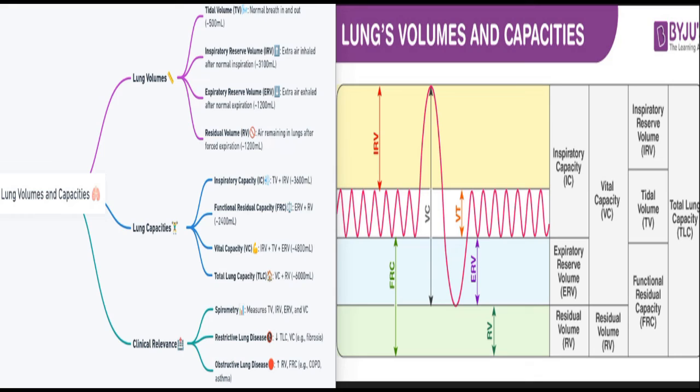And your FEV1/FVC ratio of 67%, which is below the lower limit of normal of 70%, also indicates there's an airflow obstruction. So this particular result is indicative of a mixed airway condition. So you have to do further testing, like the diffusion capacity test and others, to see if there is interstitial lung disease suggested.